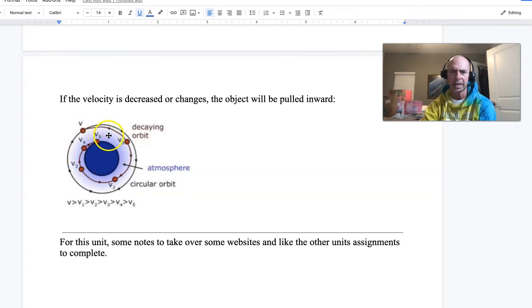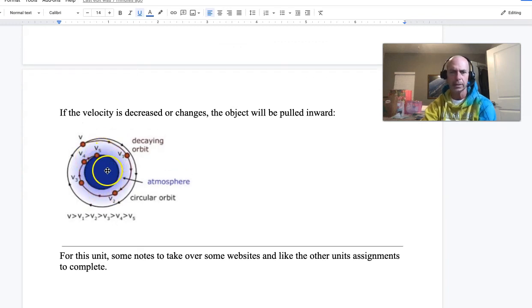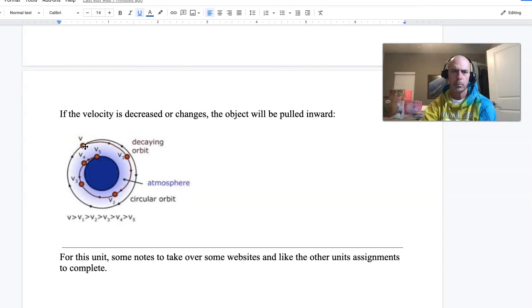So this is called a decaying orbit, and eventually the gravity, or the centripetal force, of our planet will pull that satellite in. So again, we need two things. We need two vectors working together, and they have to be working together properly. We have the tangential or forward velocity, and we have the centripetal or inward force.